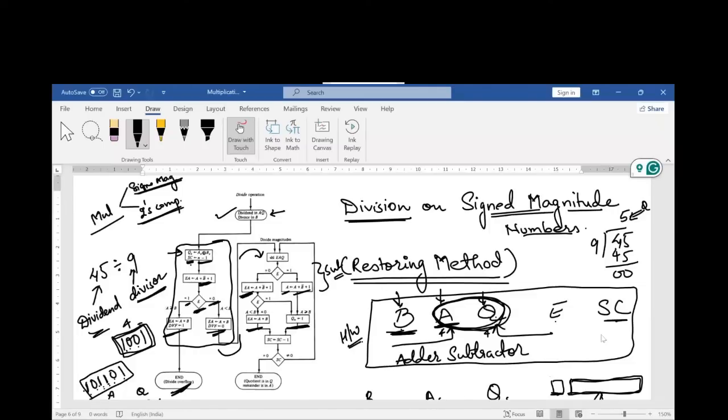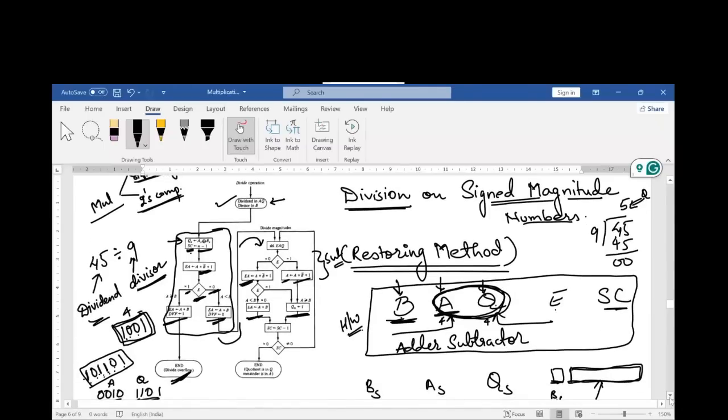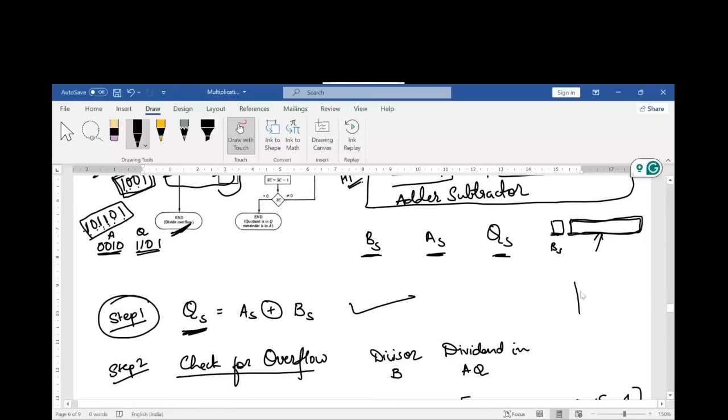Okay? See, generally when I perform this type of division, 1 0 1 1 something divided by 1 1, what we do is first subtract and check: is this possible? This is a smaller number, this is a bigger number, so we do not write anything over here. We will not be able to perform this division.